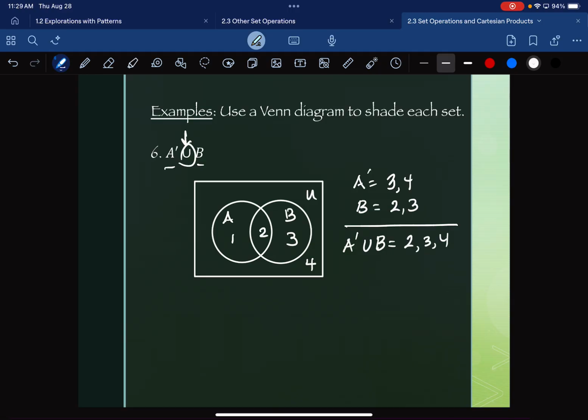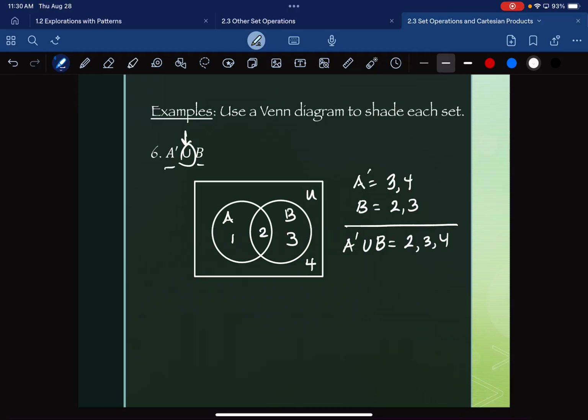The question itself wants us to shade the parts of the diagram that fit with this description. So we're going to shade the regions of this picture that correspond to the numbers we just listed. I'm going to shade region 2, region 3, and region 4. The way this works in my math lab is it gives you a paint bucket kind of thing, and you just click on it and it shades it all in.